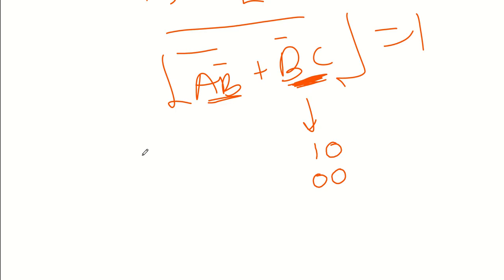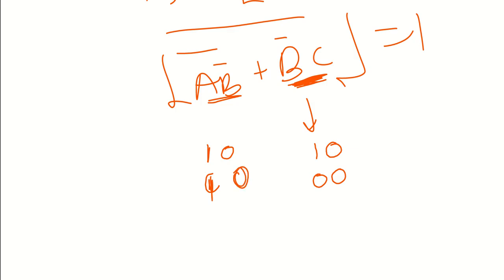So we have to get it such that when A is 1, B is 0, because we want to get a 1. And the second part is we have to get it such that when A is, yes, I think that's the only way. In the other cases, when A is 1, still B has to be 0.